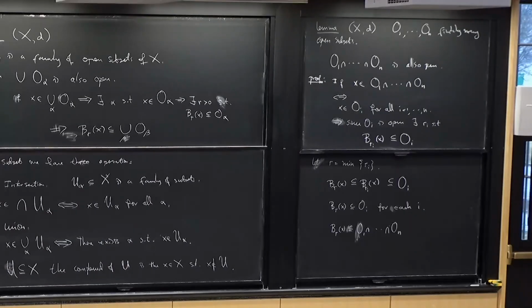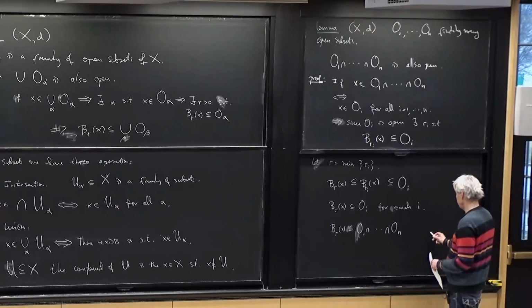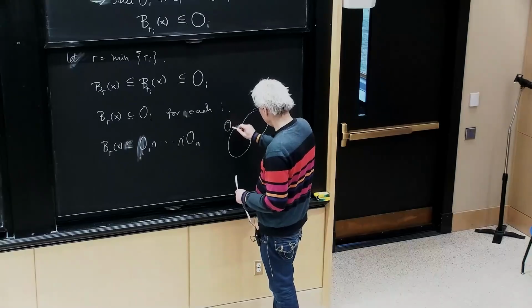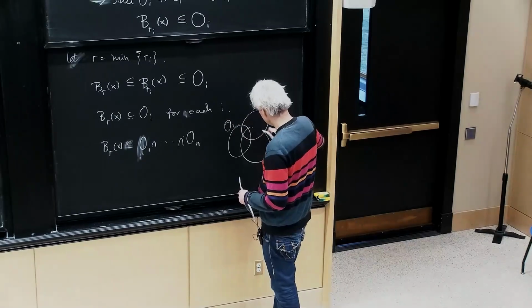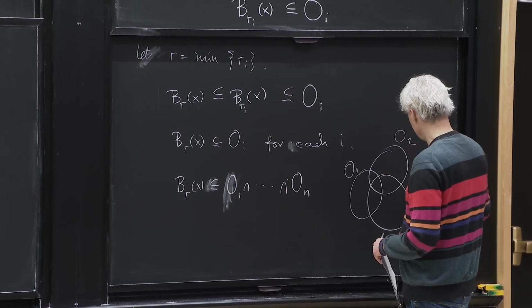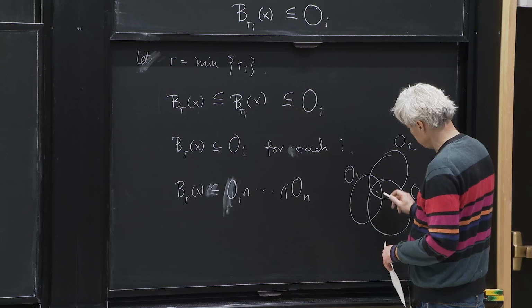And again, it might be helpful to draw a little picture. Here you have O1, here you have O2, and here you have O3. You have a point in the intersection.